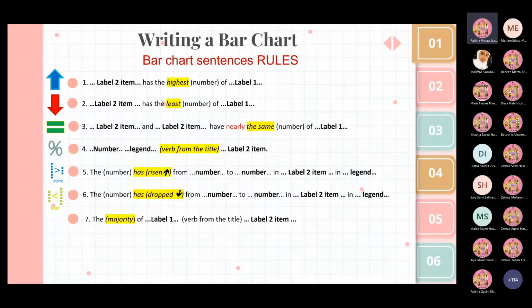The seventh sentence starts by the majority. The majority means the most. The most of label 1, which is the visitor, and then the verb from the title, which is visit, and label 2 items, which is one of the months. Okay, who will say the sentence?